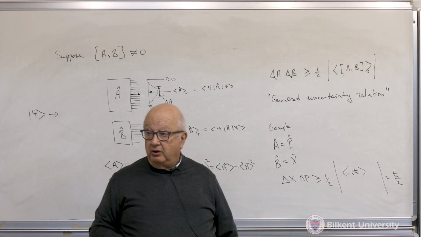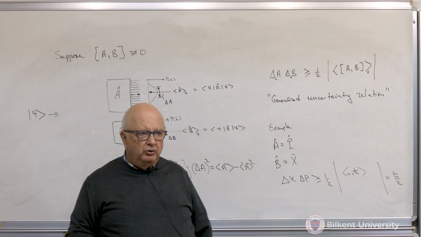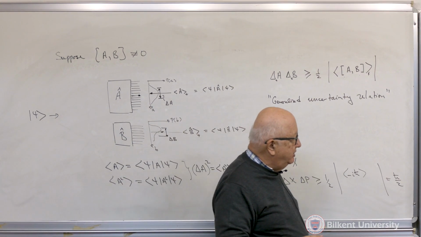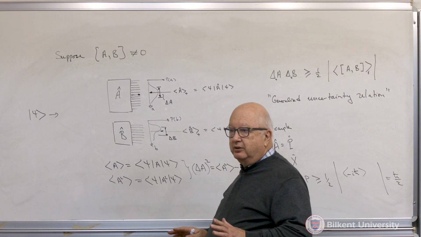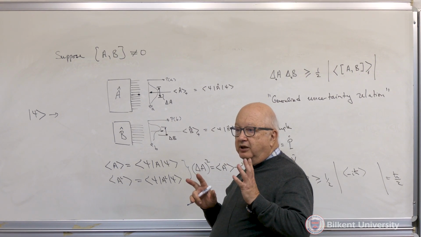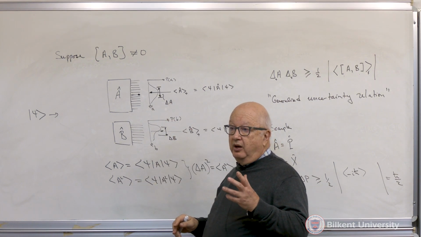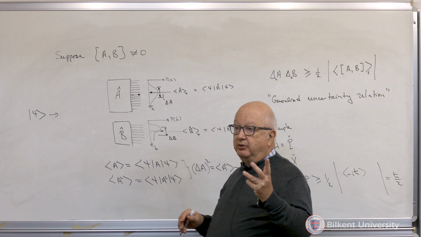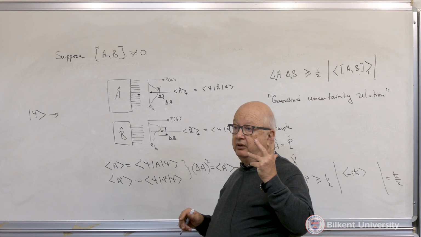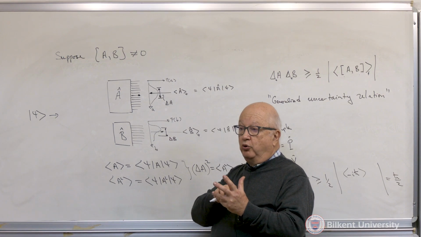Can we define closeness of the eigenstates with the commutation relation? The eigenstates are not really close to one another. The eigenstates of A, whether A or B, have to cover the whole Hilbert space, and they are all orthonormal.